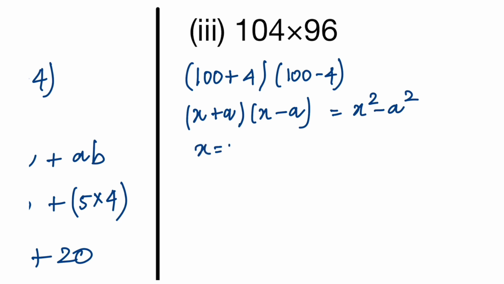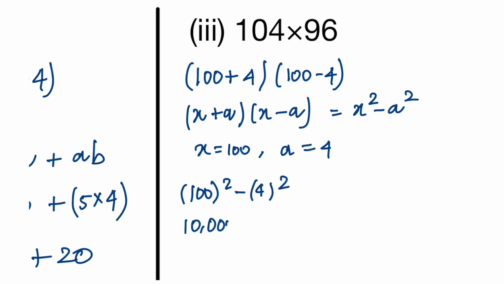In this case x is equal to 100 and a is equal to 4. So x squared minus a squared is basically 100 squared minus 4 squared. 100 squared is 10,000 minus 4 squared is 16.